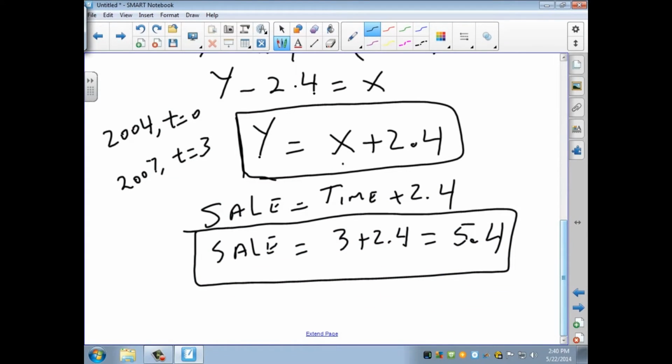By the way, right here, instead of Y and X, these are variables. X means time, Y is sales. I could have used S and T, so S equals T plus 2.4. Either one, it would have been the same.